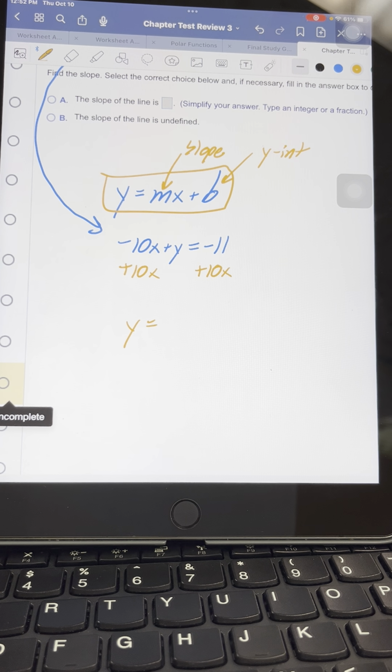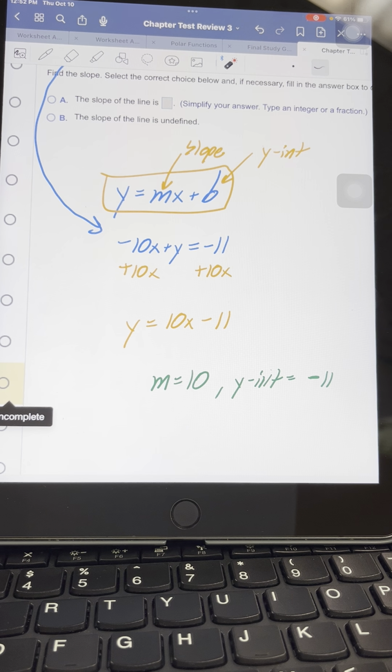So what's my slope? My slope is 10, and my y-intercept is negative 11. This subtraction belongs to this 11, so negative 11.